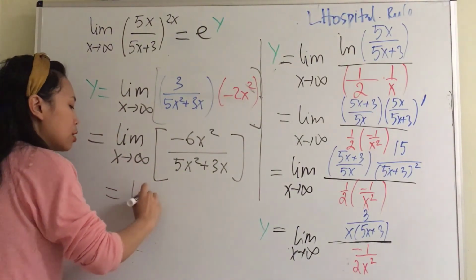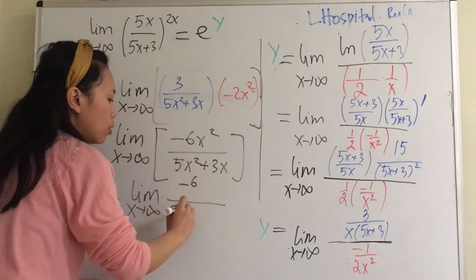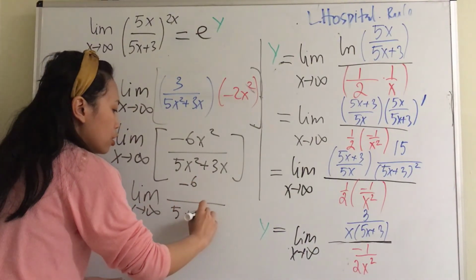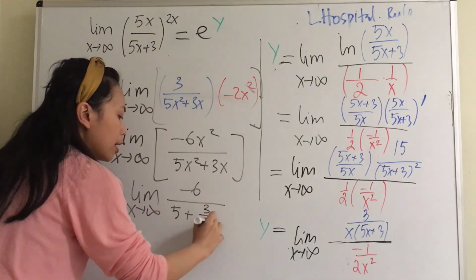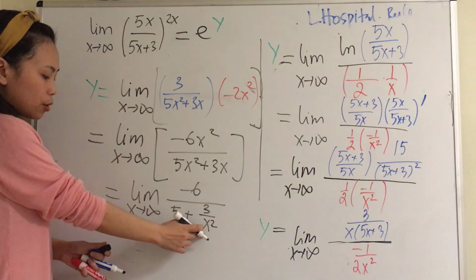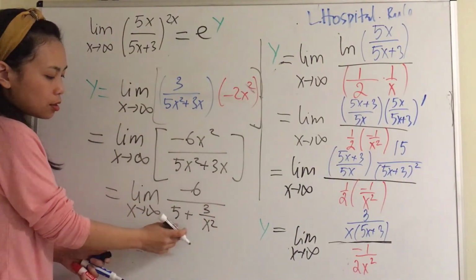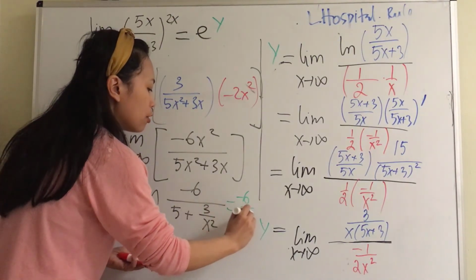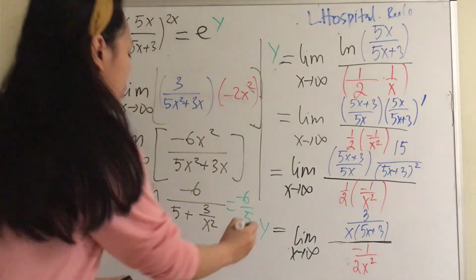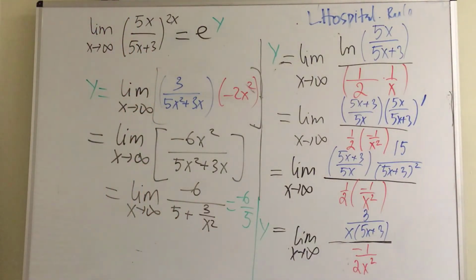So this is the limit as x approaches infinity of minus 6 over 5 plus 3 over x. When x approaches infinity, this one goes to 0. So this goes to negative 6, this goes to 5. And the answer here is negative 6/5. You see that? So we have found that y is equal to negative 6/5.